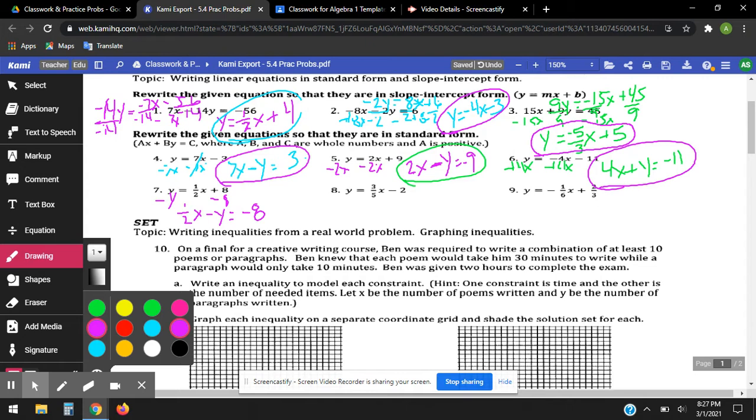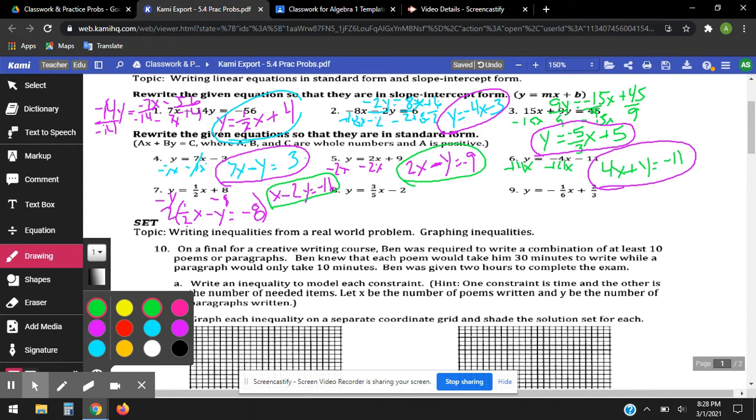So that means I have to multiply everything by 2 to get this fraction out of there. So if I multiply everything by 2, my final answer is x minus 2y equals negative 16. So that'll be the answer to this one.